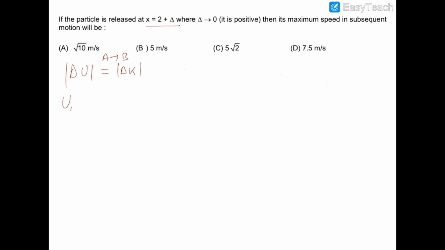So the potential energy at point A was nearer to 10, and due to the reason that delta is tending to 0, we can assume the potential energy at A also to be 10 joules.